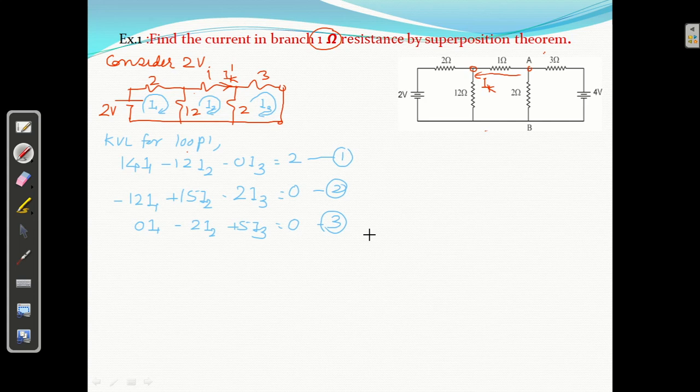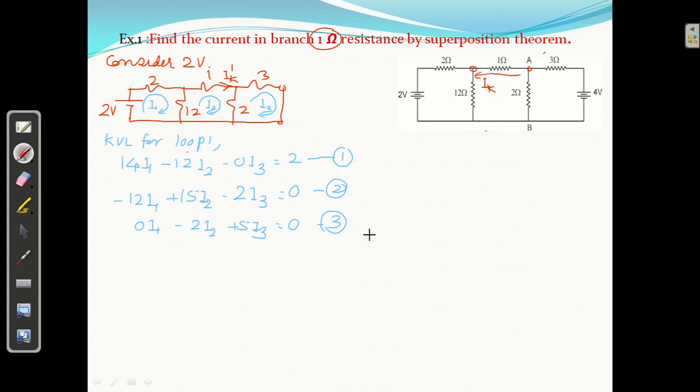B2 15. C2 minus 2. D2 0. A3 0. B3 minus 2. C3 5. D3 0. Okay, if you press equal you will get x.